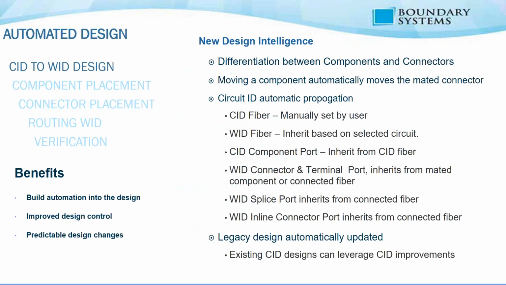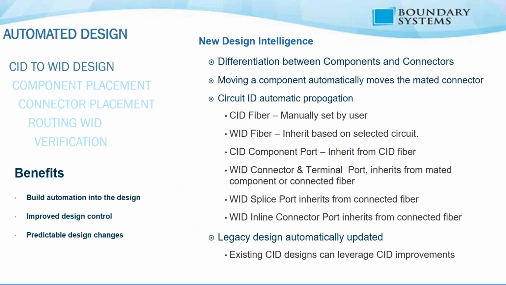Within the SID to WID design process, again, it's able to automate a lot of the information between those two diagrams. If you have a fiber set in your SID, then your wire interconnect diagram is able to inherit that information from your SID.